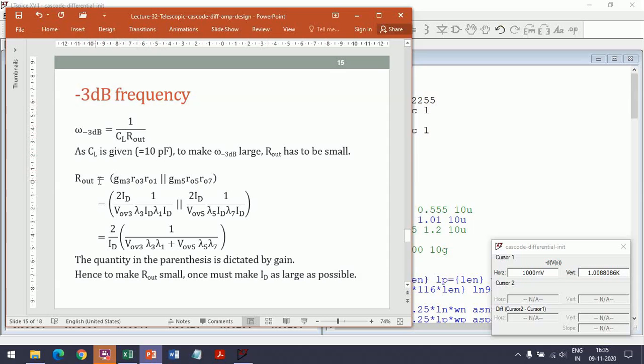Rout, as we know, for a telescopic cascode is this, and we write it in terms of ID, lambda, and so on. There is one ID in the numerator, 2 in the denominator, so one ID comes out and you get 2 over ID, VOV3 lambda, VOV5 lambda. Now the VOVs and lambdas were determined by our gain criteria. We made these 0.1, 0.1, and the lambdas we chose from our lengths. So these we can't change now.